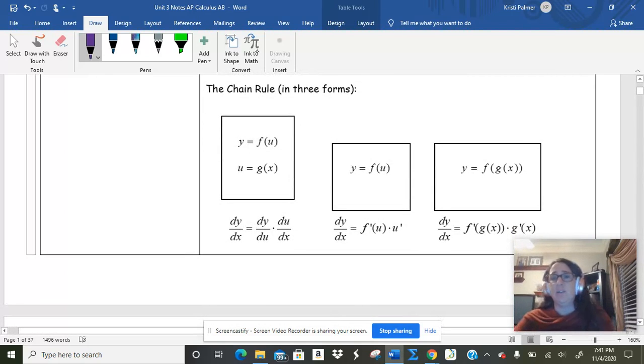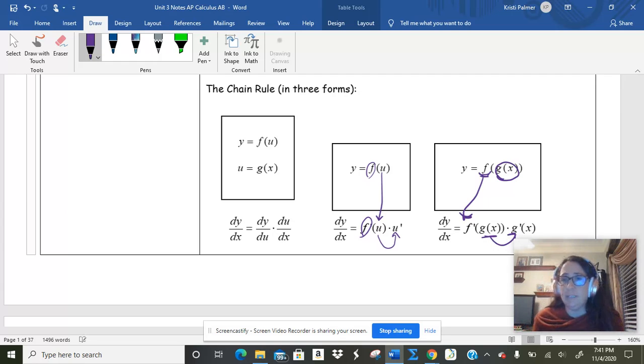Okay, so if I have, for instance, the inside is some function of u, then I take the derivative of the outside, leave the inside alone, times the derivative of the inside. So here you can see again, there's my inside. I take the derivative of the outside, leave the inside alone, times the derivative of the inside. That's going to be my chain rule.